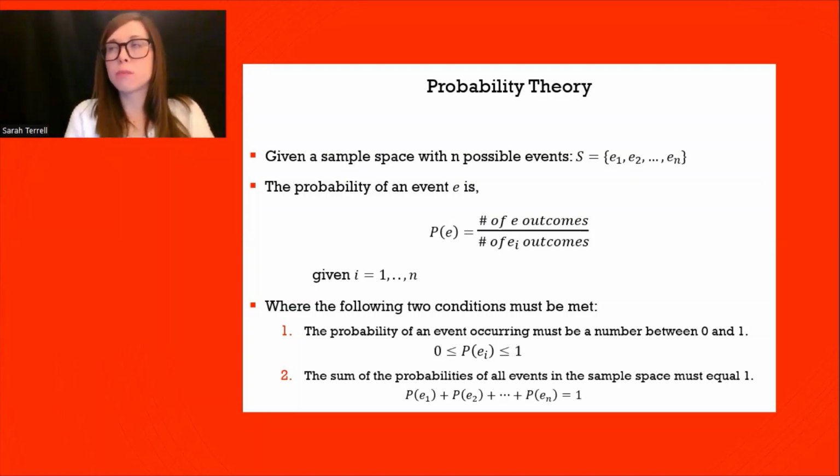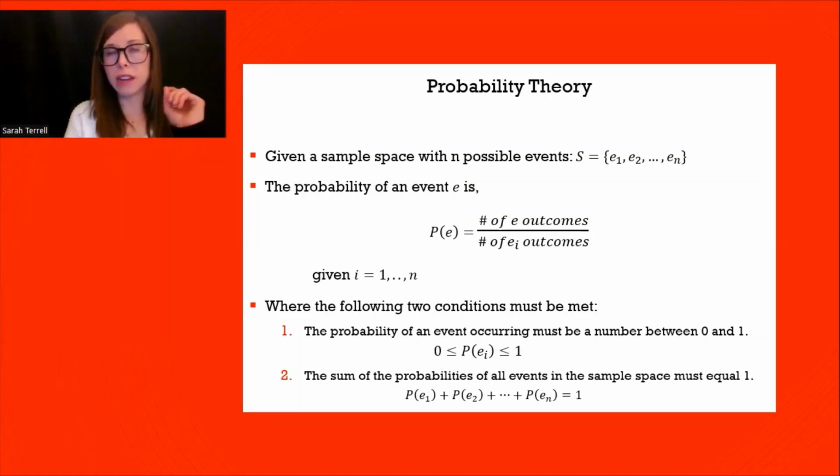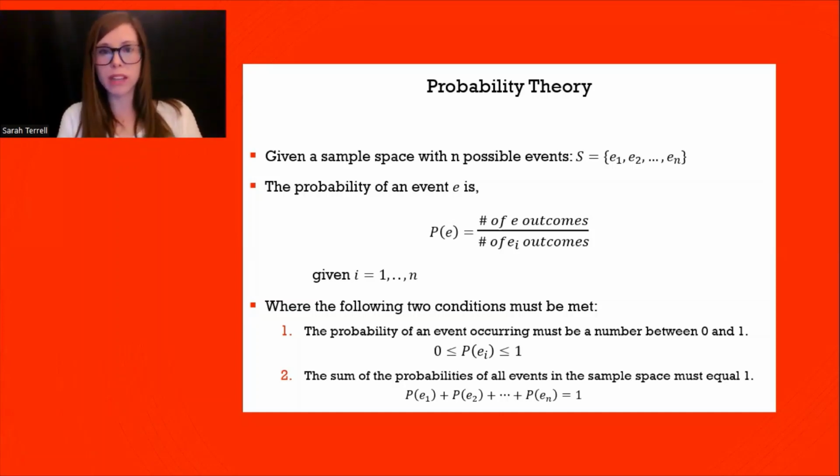A potential sample space might be the sides of a die. If you think about rolling a die, this sample space has 6 different events that can occur. You can roll a 1, 2, 3, 4, 5, or 6. All of those numbers represent the different possible events within that sample space.